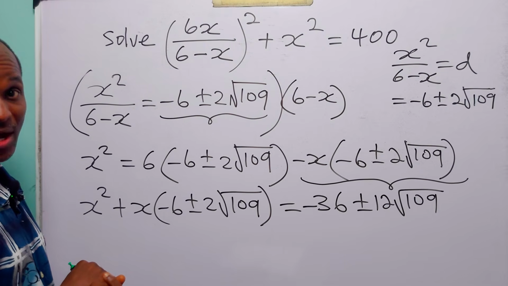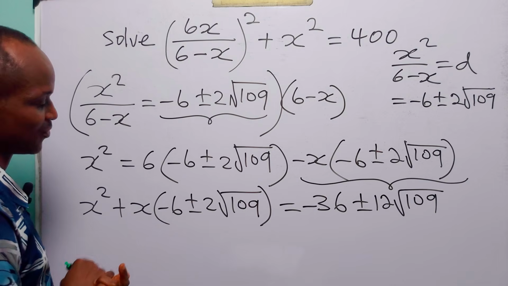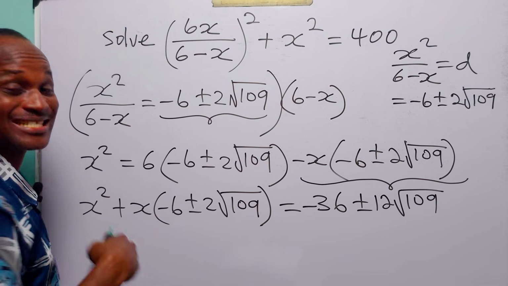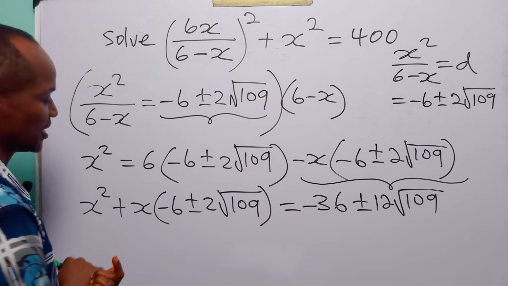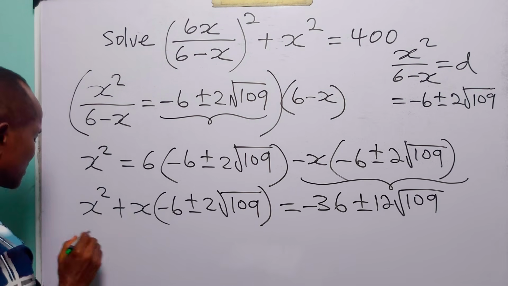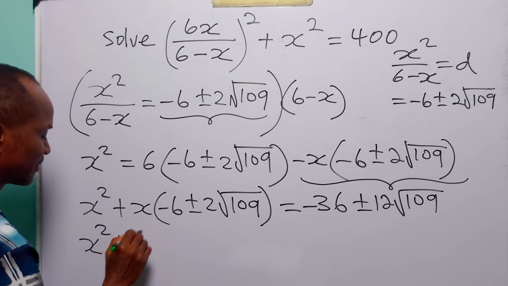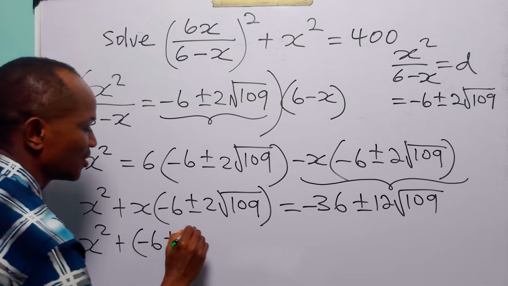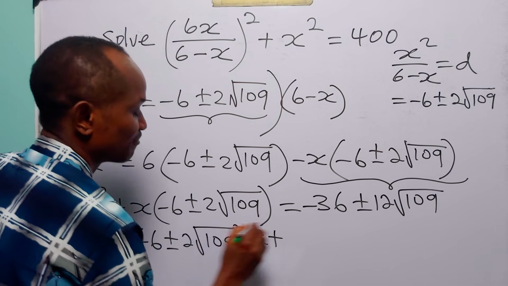And of course, the next thing we are going to do to solve these quadratic equations is to complete the square. To do that, we divide the coefficient of x by 2, square it, and add to both sides of the equation. Now, when we do that, we have x squared plus (minus 6 plus or minus 2 root 109)x plus.